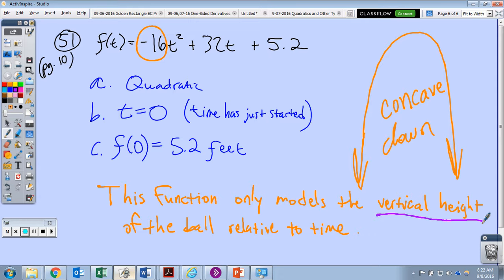And it looks like there is what we would call an absolute maximum for this function. So right here at this point, let's do red. This is the maximum, the max height of the ball.